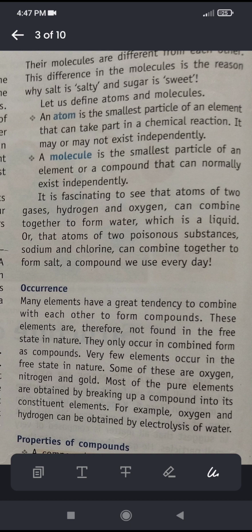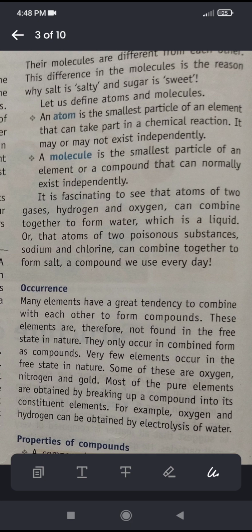For example, oxygen and hydrogen can be obtained by electrolysis of water. You know that the chemical formula of water is H2O, which forms from hydrogen and oxygen. But do you know how it is broken down? It is done by electrolysis of water. With electric power, water gives hydrogen and oxygen, which join to make water, a compound.